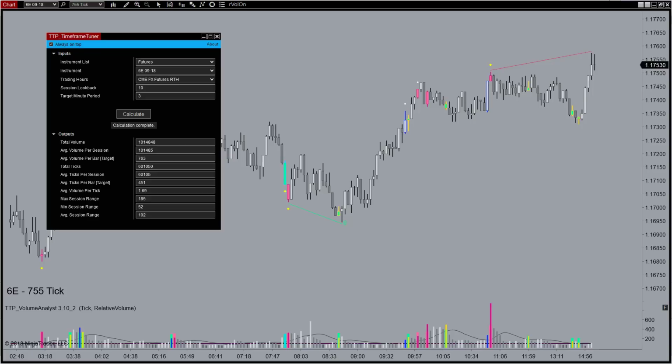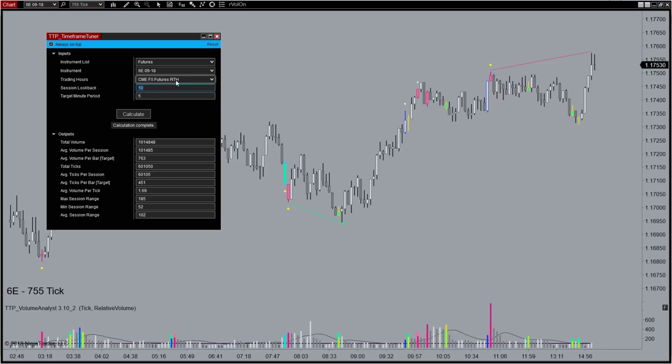We use this to fine-tune all of the periods of our tick charts and volume charts, if you use them, so that we can calibrate them according to target minute periods. So if I wanted to use, say, a tick chart that would emulate a 5-minute chart during the day session, with a similar number of bars as a 5-minute chart would have during the day, I just set this target minute period to 5 and then determine the number of sessions I want to include in the calculation.